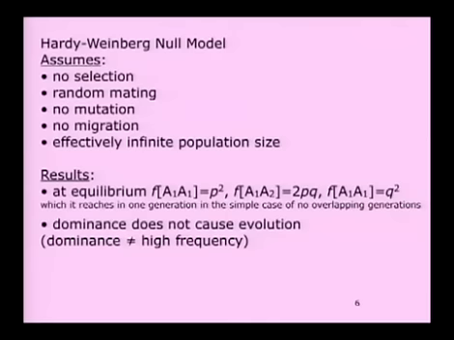Dominance and high frequency don't cause one another exactly. So it's not the case that as time goes on, we're getting more and more dominant alleles, not because of just having sex. Sex by itself, meiosis and fertilization by itself, doesn't change allele frequencies, and it doesn't favor dominant alleles over recessive alleles or anything like that.